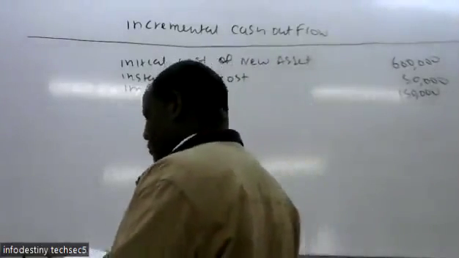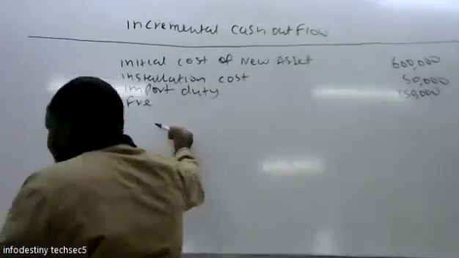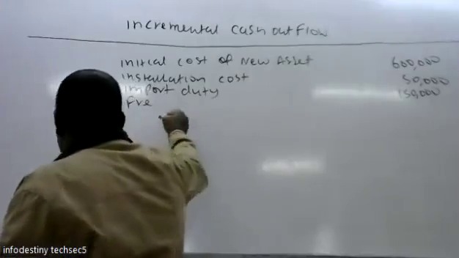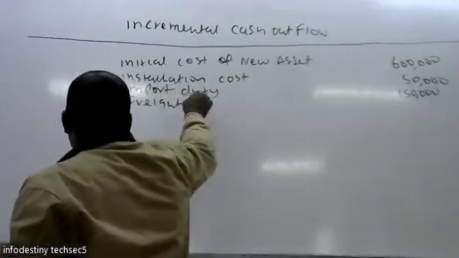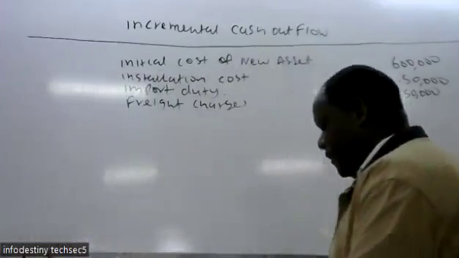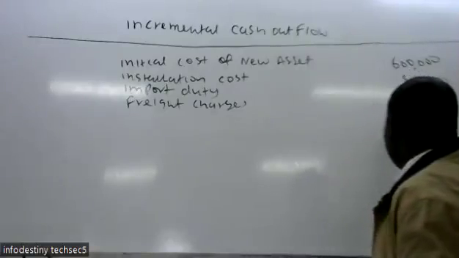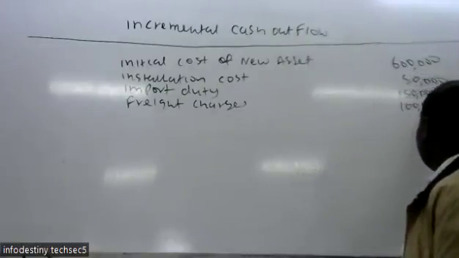The next one should be the freight charges. They gave us how much? They gave you 100,000.